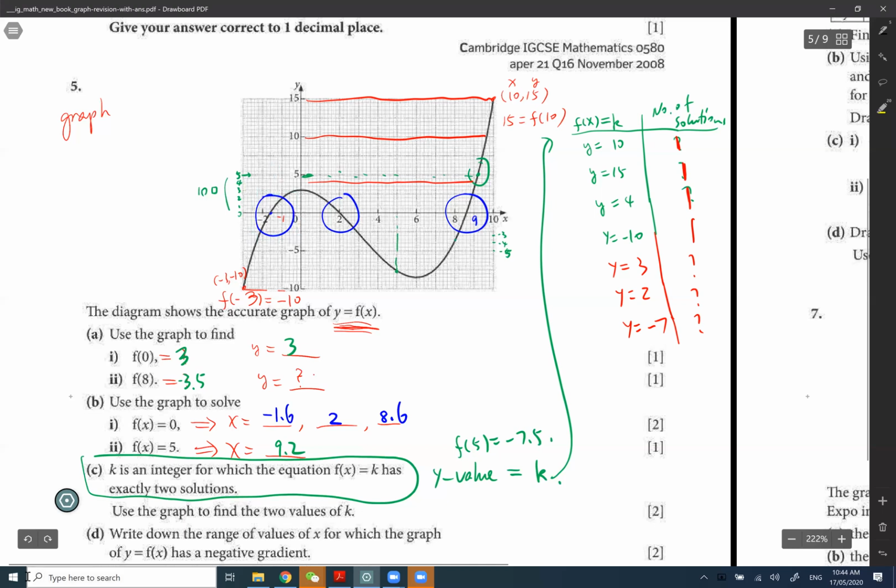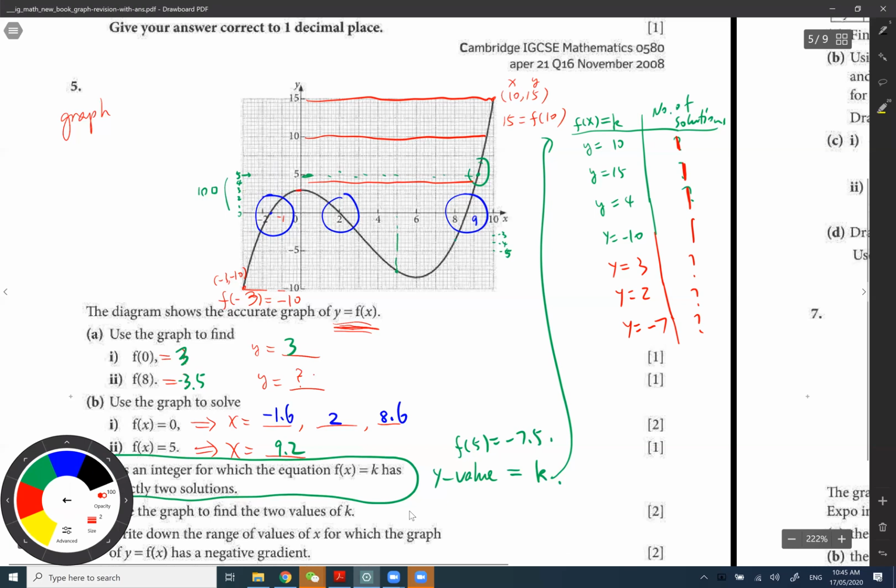Find how many points have y value equals 3 on the graph. Some students said, if y value equals 3, it's like here. We got 2 here.